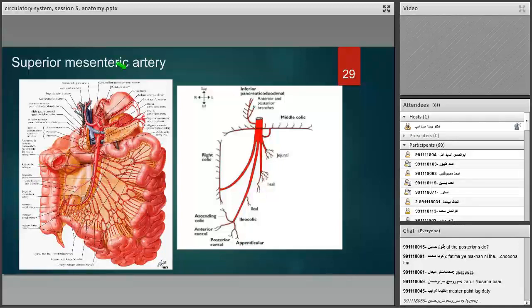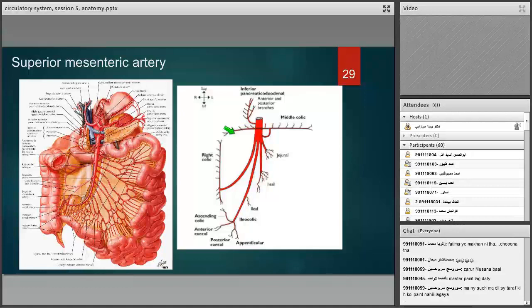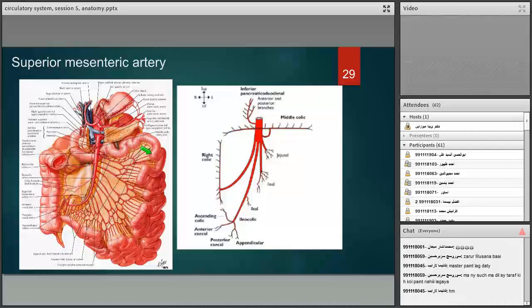And the last branch of the superior mesenteric artery is the middle colic artery. The middle colic artery is supplying the blood for the transverse colon, which has been cut here in this slide. Okay? The middle colic is sending branches to the transverse colon.